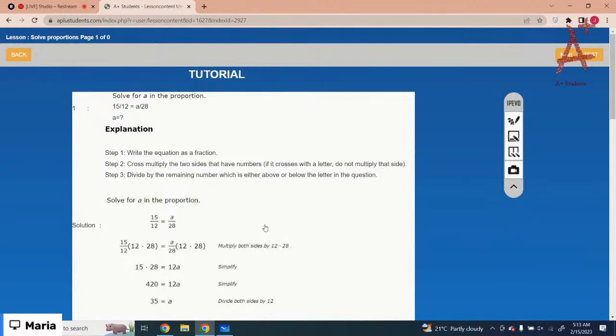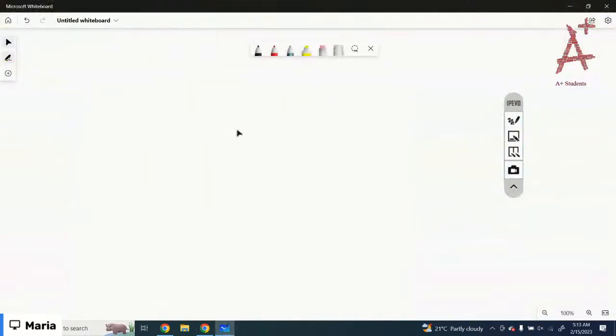Solve for A in the proportion 15 over 12 equals A over 28. You have to calculate the value of A in the proportion.